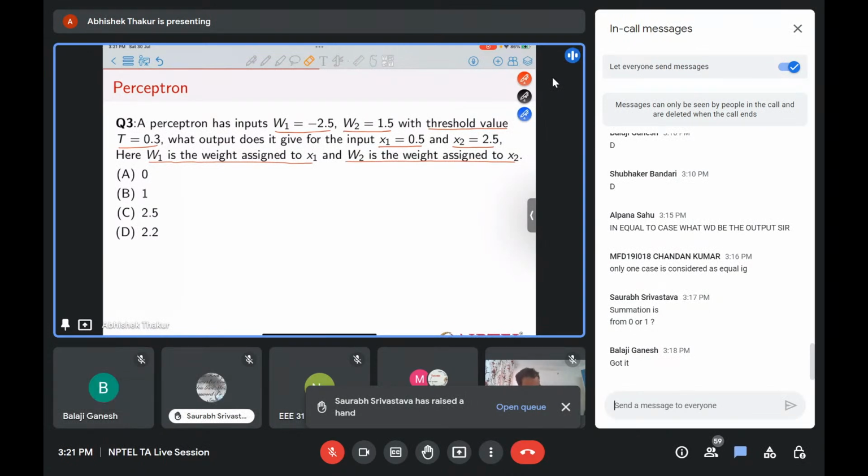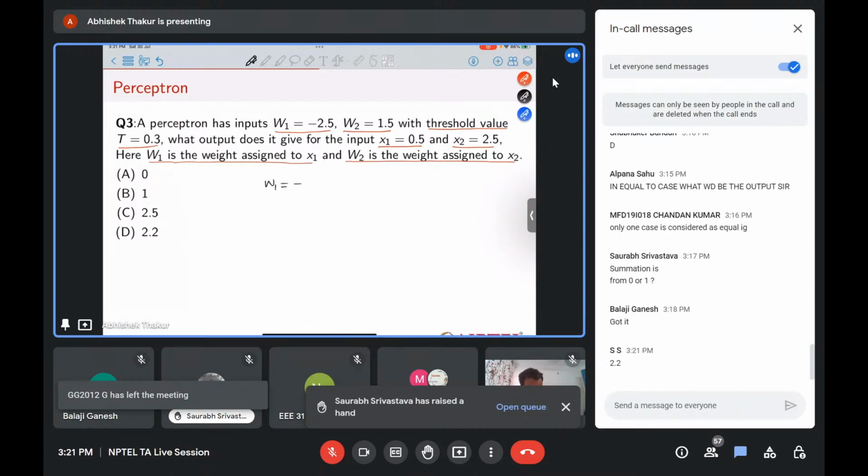So we'll solve this question. This is a very simple question. I want you to first reply in the chat box what will be the answer. Simultaneously, I will also solve. Our weights W1 is given as minus 2.5, W2 is given as 1.5, X1 is given as 0.5, and X2 is given as 2.5.